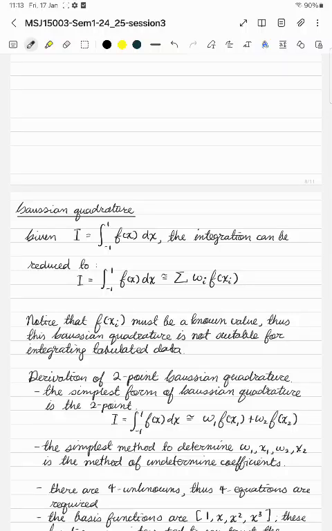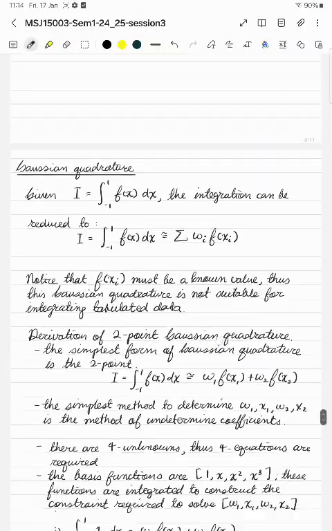The only problem is that this type of quadrature can only work on known functions. You can integrate most known functions analytically, but there are functions you cannot integrate analytically and have to integrate numerically. This is the case where Gaussian quadrature becomes very powerful and unique at the same time.